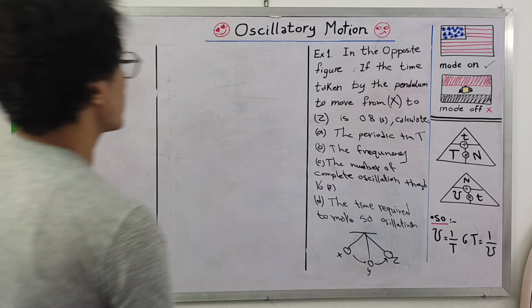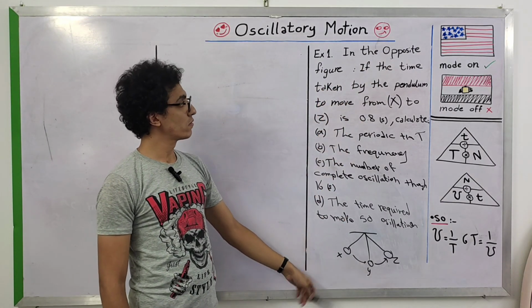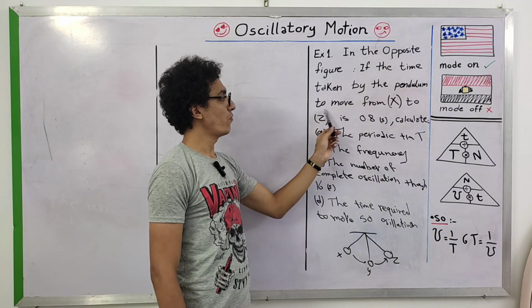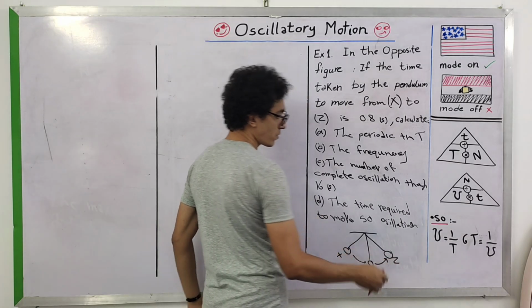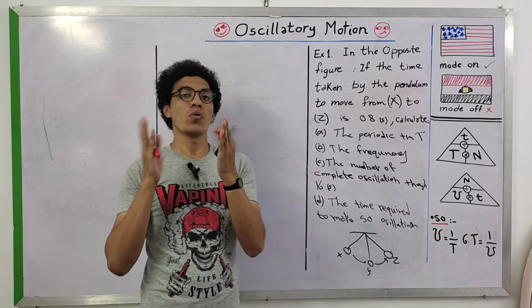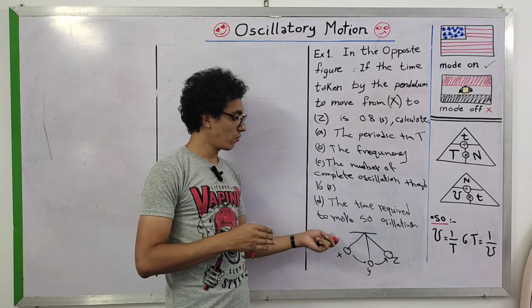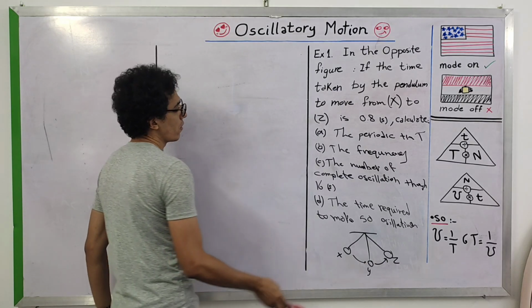Example number 1. In the opposite figure, which is this, if the time taken by the pendulum to move from X to Z, this is two amplitudes, which is called half of what? Half of a complete oscillatory motion, or half an oscillation.